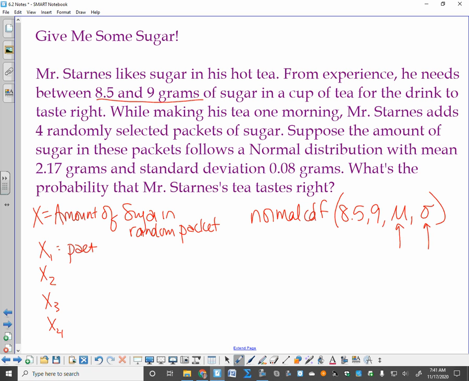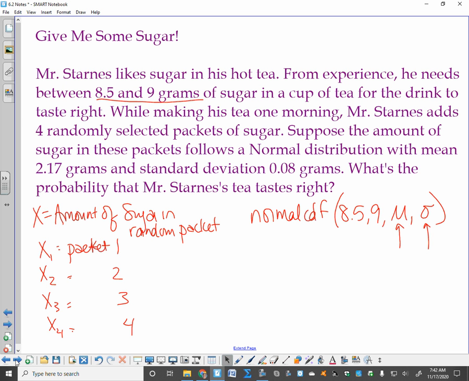That's packet 1, packet 2, packet 3, packet 4. So I have X, which is defined as the amount of sugar in each packet, but I have 4 packets. So I have these sub numbers, kind of like when we played the roulette wheel. We had the first turn and the second turn. Okay, so you can't just have an X. You got to show all 4 packets.